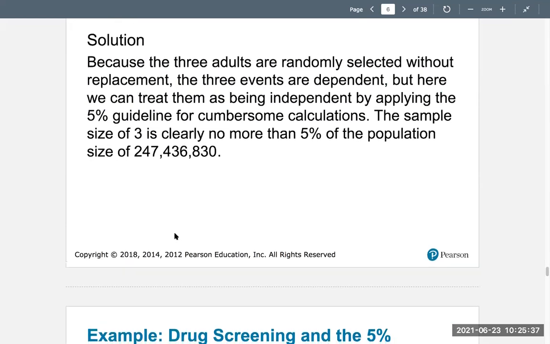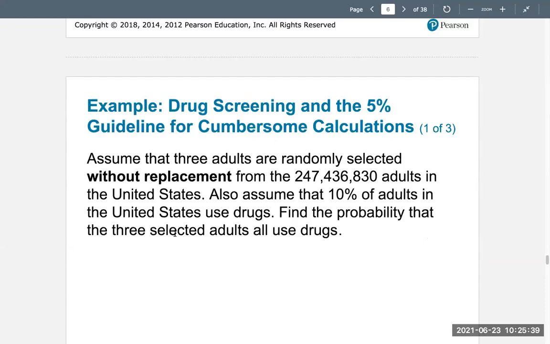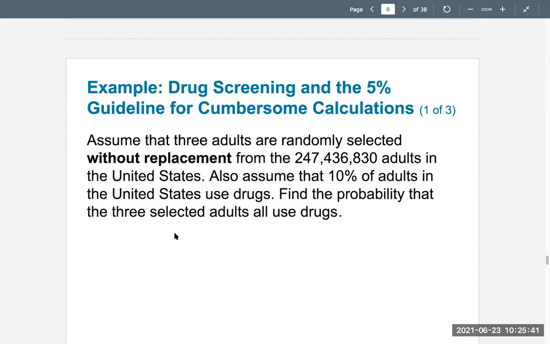So read this question. It says, without replacement, so independent events, out of a large population, 10% of adults in the US use drugs.